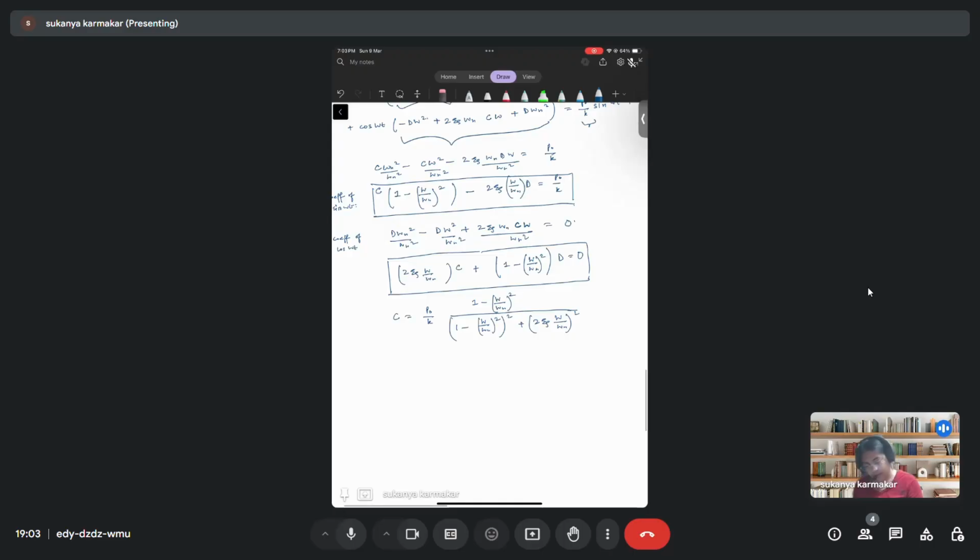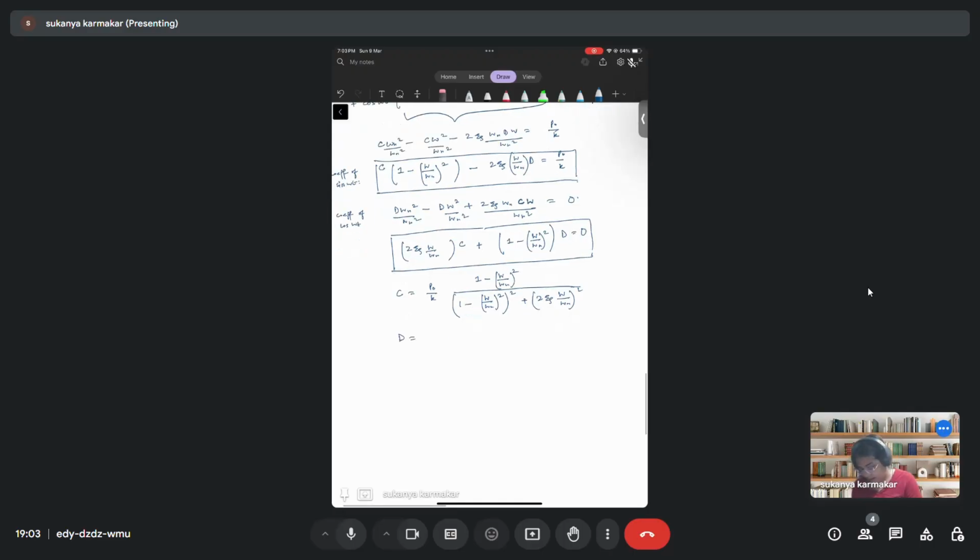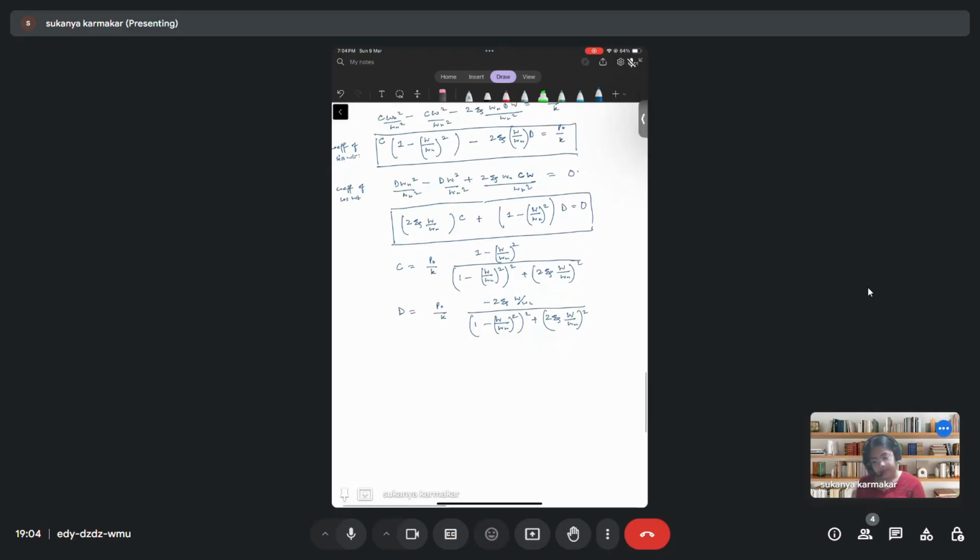This is the value of c, and d comes out to be p naught by k times minus 2 zeta omega by omega n, divided by 1 minus omega by omega n whole square, whole square, plus 2 zeta omega by omega n whole square.